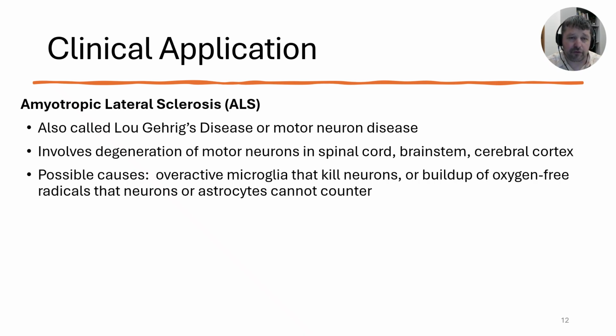Lou Gehrig was a baseball player for the New York Yankees. He was an excellent baseball player, but he developed Lou Gehrig's disease in his mid 30s, I think 35 or so. And he died within 2 years of developing it, as most people do. After you get ALS, you die relatively fast.